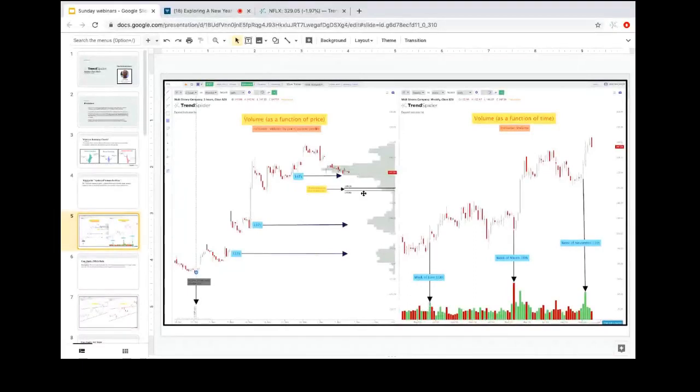On the left-hand side, you can see what these volume bars are doing at a particular price. So instead of the volume being on the x-axis, it's on the y-axis, because now we can see at what price levels these volume bars are at. Each volume bar has its own increment, and you can really measure where that volume is holding relative to a specific point in time.